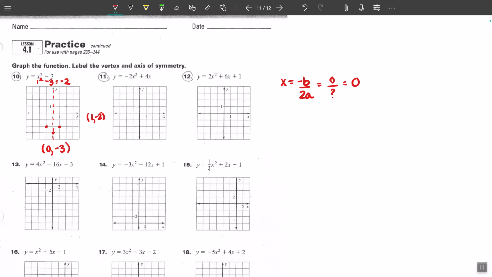And so now I've got 3 points, and I might want to get another point just to make it a little bit easier to connect the dots. So I could just come over here to 2, plug 2 in at x, and say 2 squared is 4 minus 3 is 1, and I could get another point. So that would be at x of 2, y of 1. Plot that there. If that is true, then I can come over here and plot this, and then I can connect all of those.